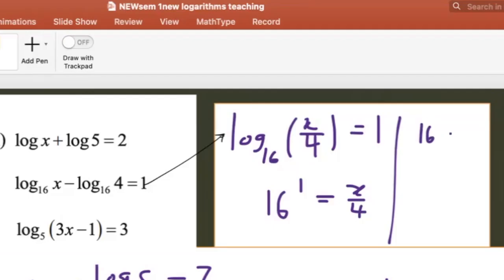So I have 16 equals x over 4. And because I want to get rid of the 4, and it's in the denominator, I have to multiply both sides by 4. So this cancels. So x is equal to 16 times 4 to give me 64. So only because of the 4 in the denominator, we had to multiply both sides by 4.